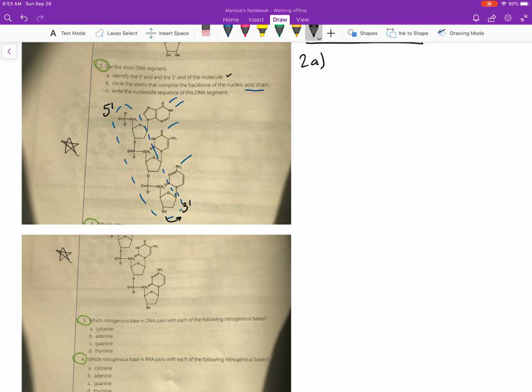Then it says, write the nucleotide sequence of this DNA segment. In order to do this, we have to identify the nucleotides. In this case, this is guanine, thymine, and cytosine. So, this is 2C, you have to know which of the bases are which.